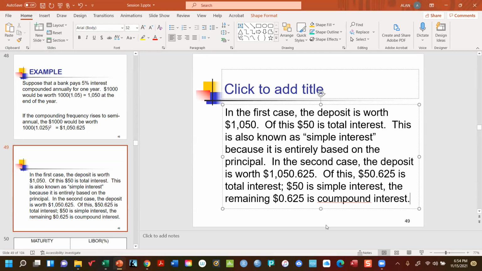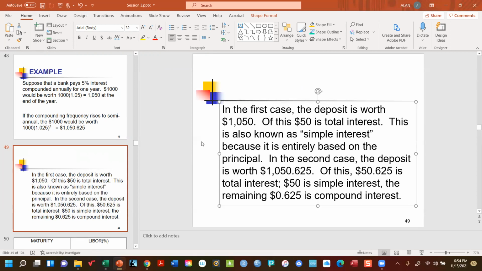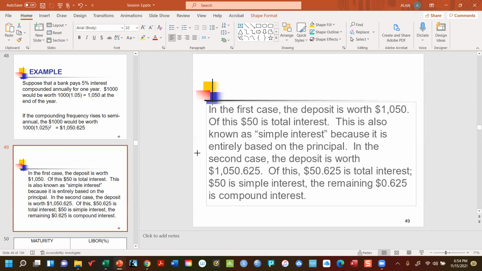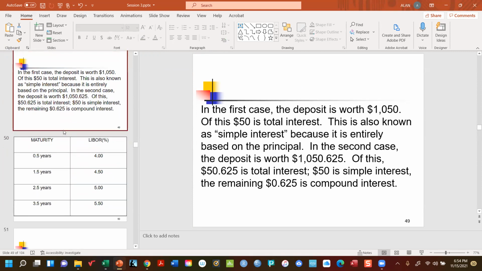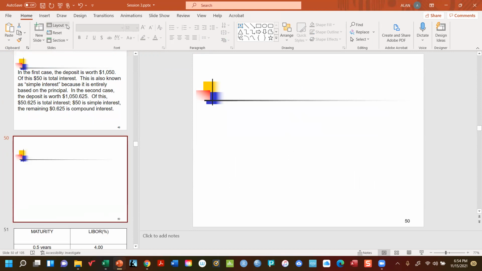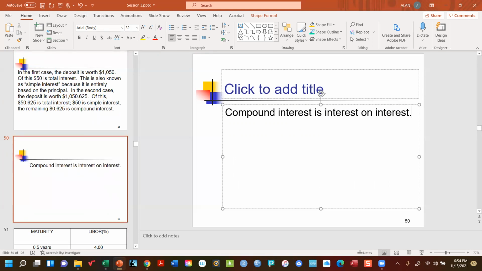Now, what exactly is compound interest? Well, that's an interesting case. That is interest on interest. All right, so I'll just throw that in here too. Interest on interest, okay?